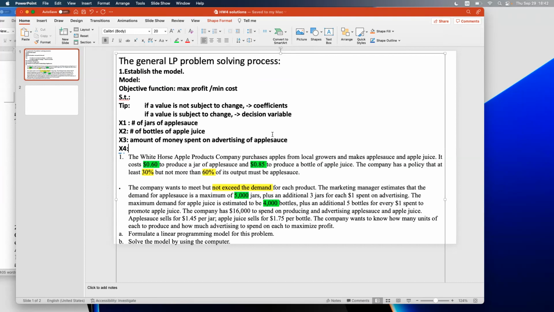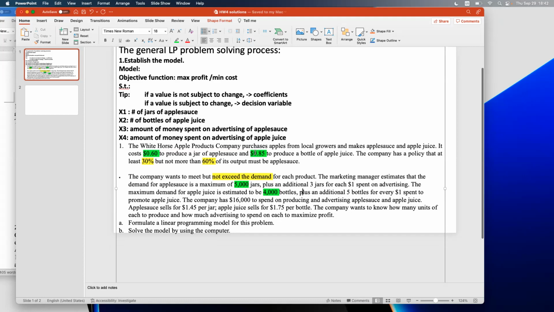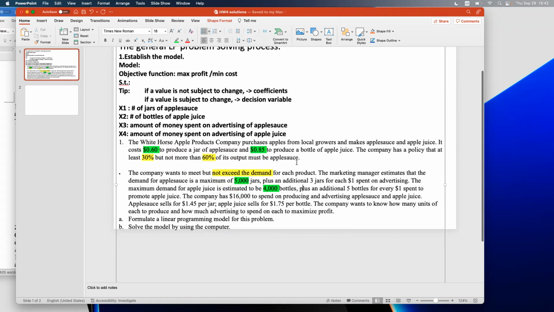And X4 is gonna be the amount of money spent on advertising of apple juice. So far we have 4 decision variables. And that's basically telling us what's the demand for the apple juice and for the applesauce.